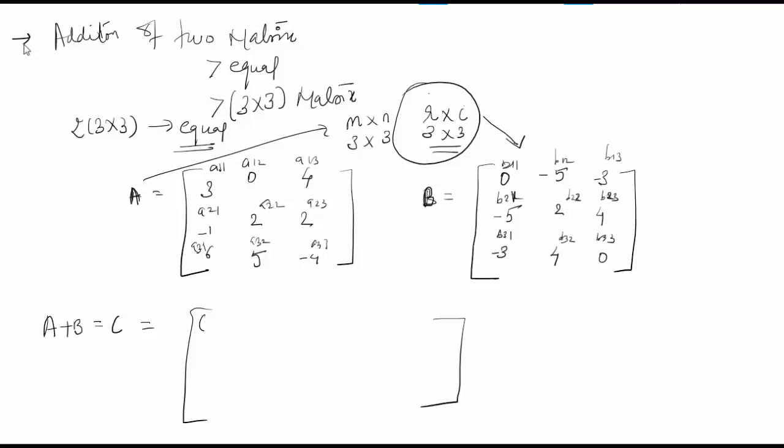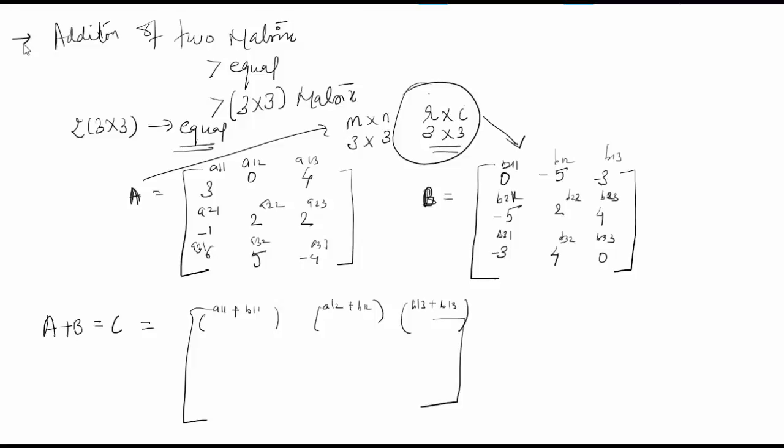So the first term will be A11 plus B11, and this will be A12 plus B12, and this will be A13 plus B13, and in the same way for the others also.